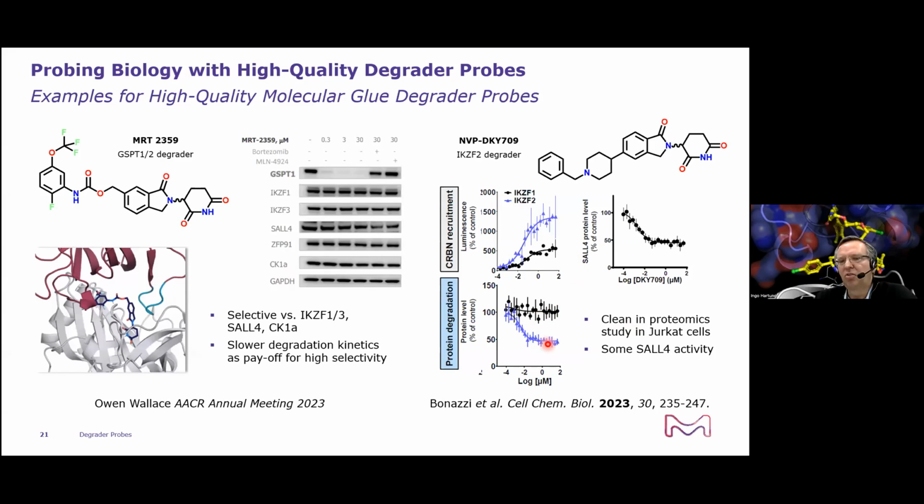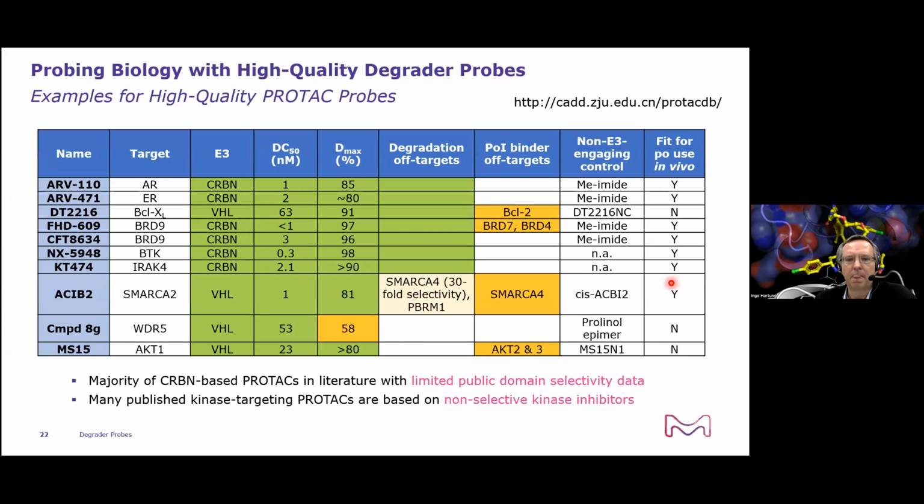So there's degradation selectivity, but there are additional zinc fingers which are engaged. In the case of SALL4, this leads to degradation. SALL4 is hardly expressed in most cells, so this is probably not an issue for working with this compound in a target biology setup, but it's something you need to know, and it's good that Novartis put those data into the public domain so that everybody knows it.